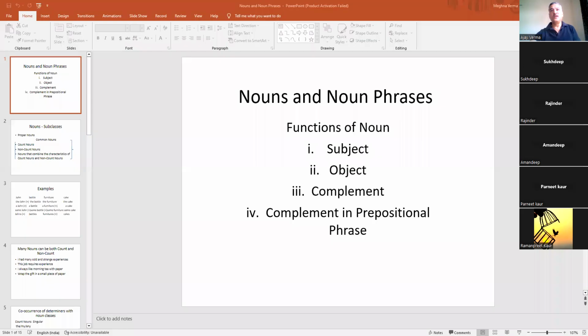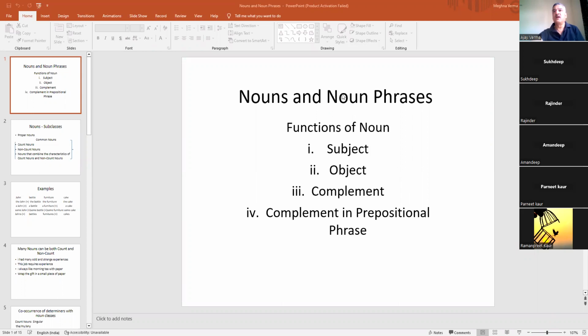Okay, so today we are taking up chapter number 4 in A University Grammar of English. This chapter deals with nouns and noun phrases. In this chapter, there is a discussion on the category of nouns and noun phrases.